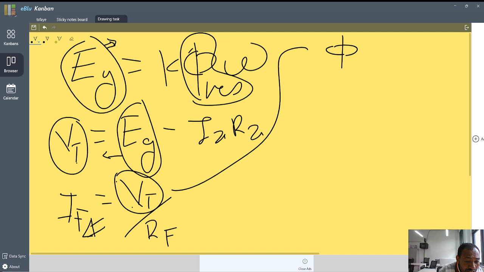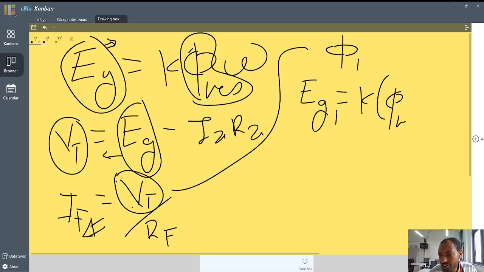Now the flux created with this small IF, let me say phi 1. Therefore, on the second round, EG1 is going to be K times phi residual plus phi 1, times omega.